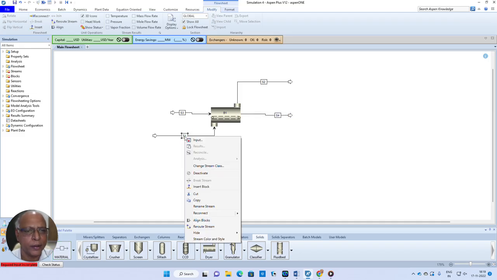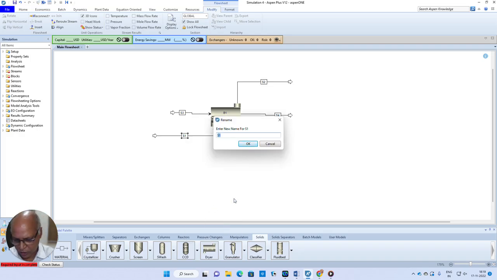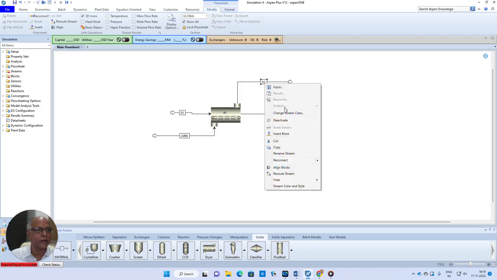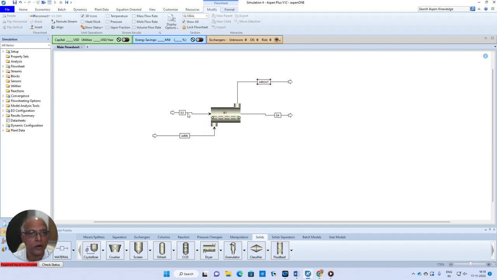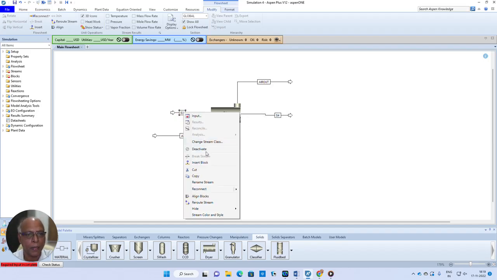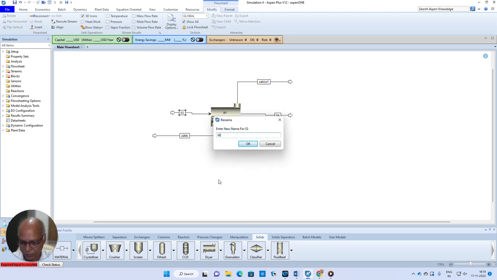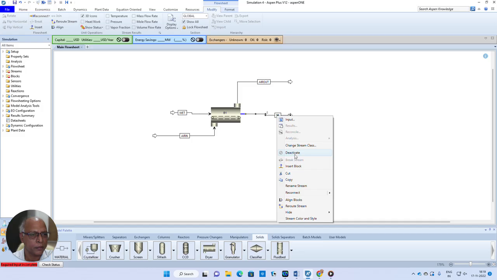So let us rename them. This is air in, inlet air, and this is your outlet air. And this is your wet solid. And this is your dried solid.